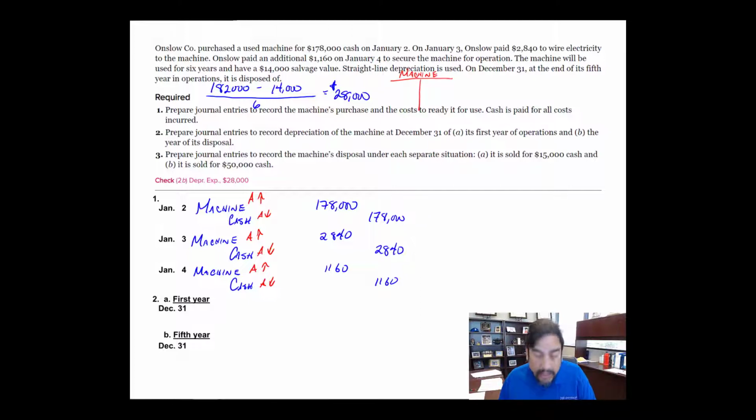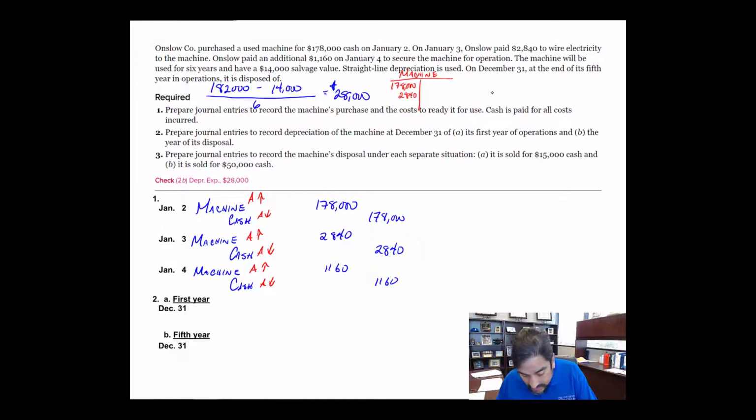So for machine, every time we record to the machine account in a journal entry, we put the number over here in the T account. If it's a debit, it goes on the debit side. If it's credit, it goes on the credit side. So on the 2nd, we did 178. And on the 3rd, we did 2840.